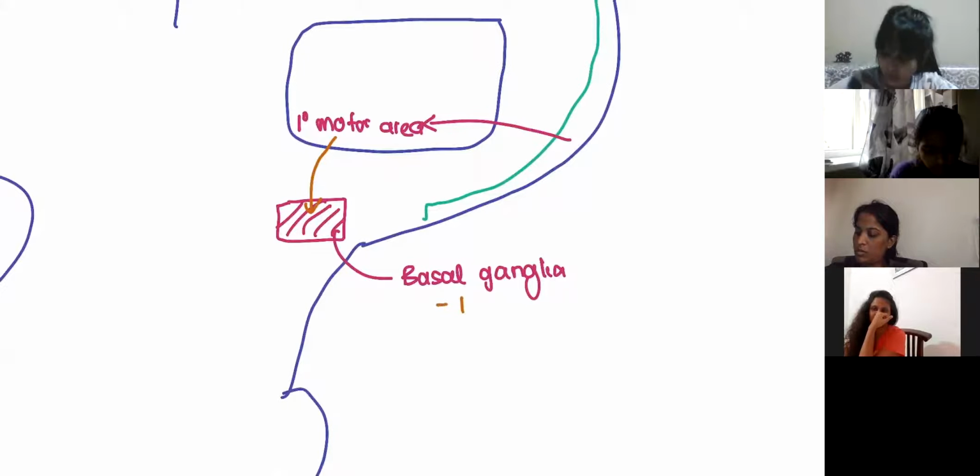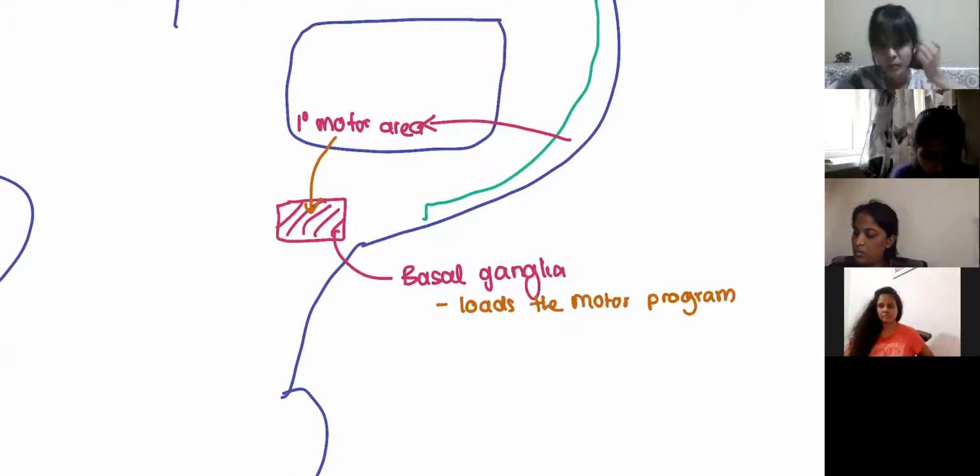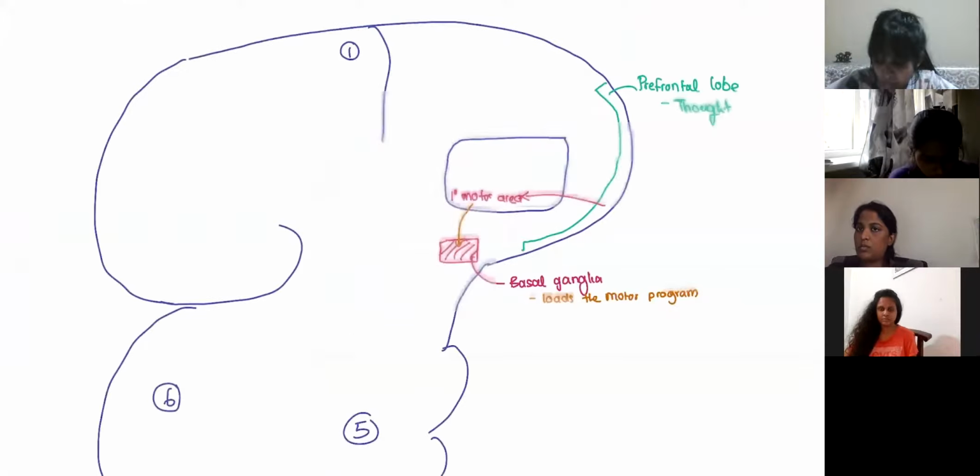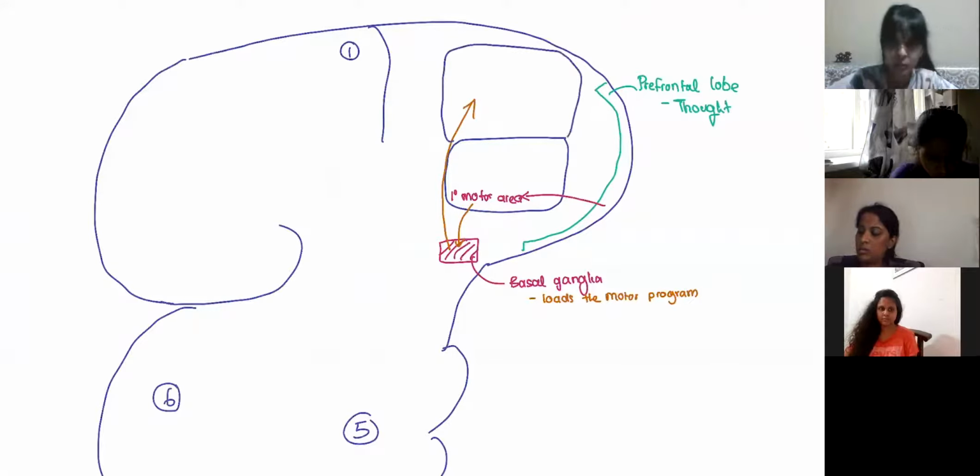It loads the program. It tells, okay, guys, to do this, we need these muscles. To pick up the phone, you need the muscles of your arm. Okay, and that goes to a secondary cortex here. That thought process goes here.